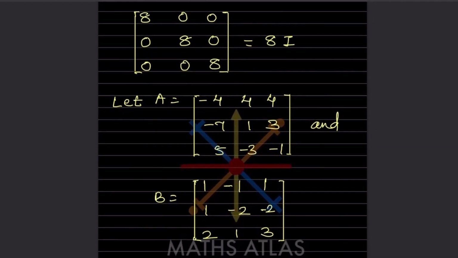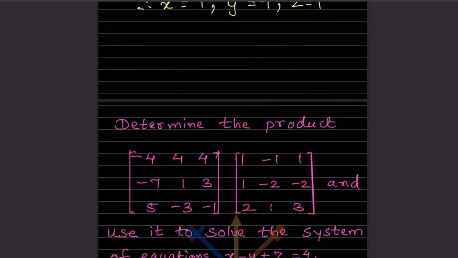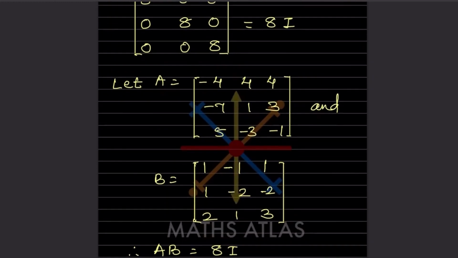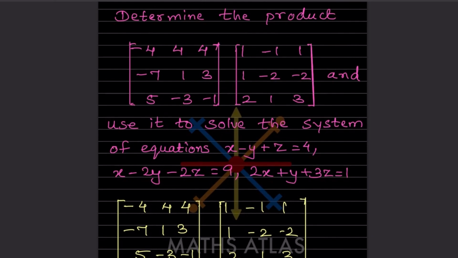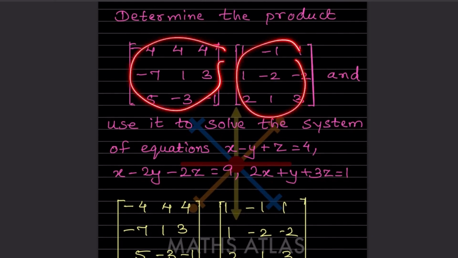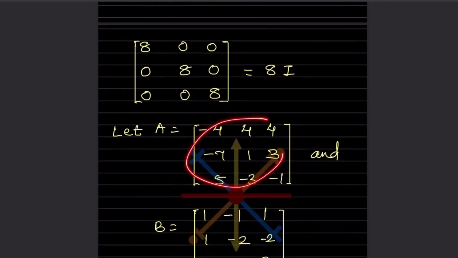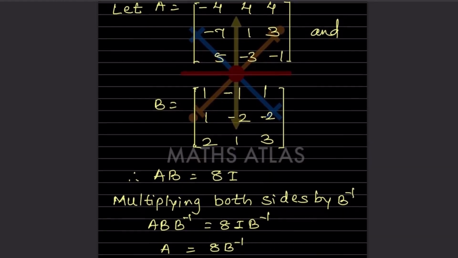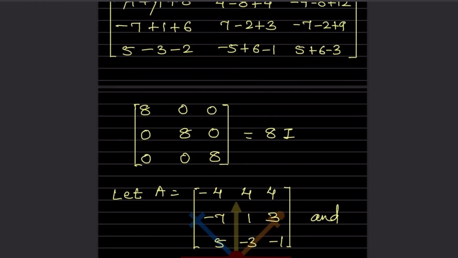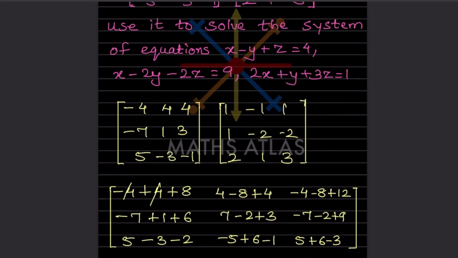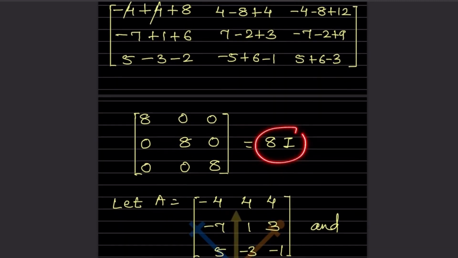So now we have A is given. Same over here. We can consider this as A and this as B. So A is this and B is here. So AB, what we got here, when we added this we got this one.